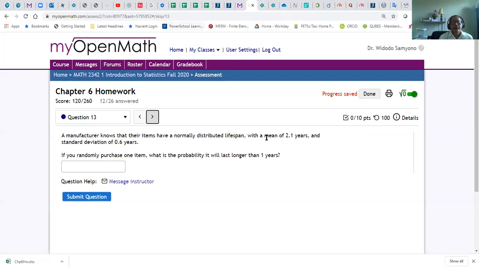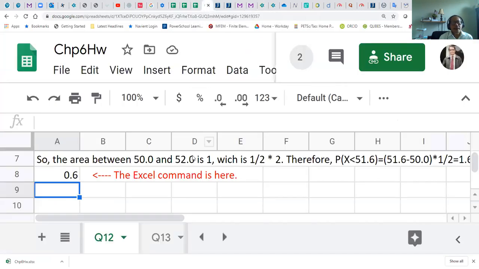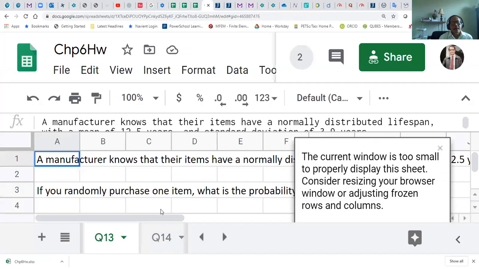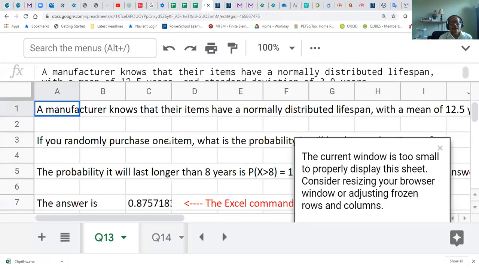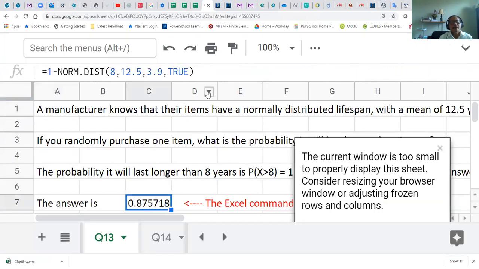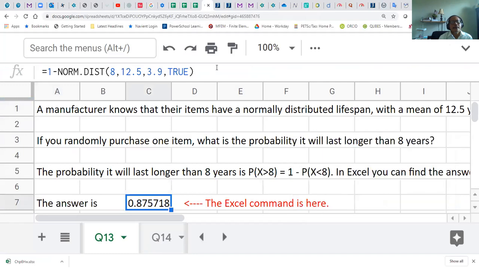Okay, and because it's less than, so you need to use the 13. Yeah, so because the problem is less than, so you don't need to subtract from 1. Okay, so maybe I put it here.